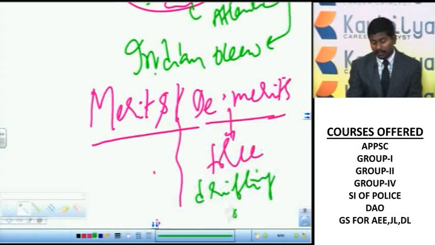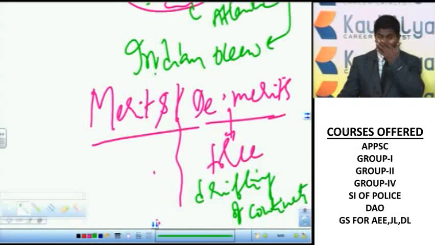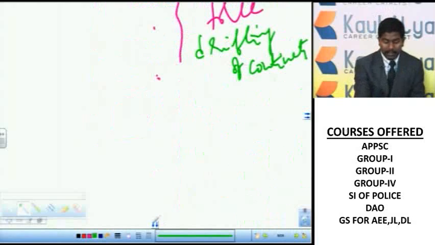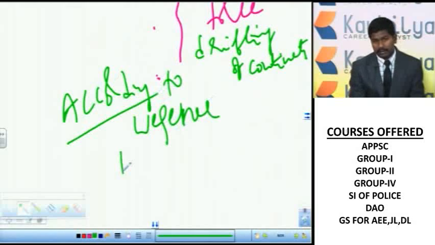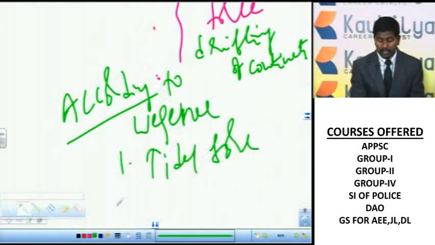The proper force for the drifting of the continents, according to Wegener, was the tidal force, or he also stated that it is the rotation of the earth.